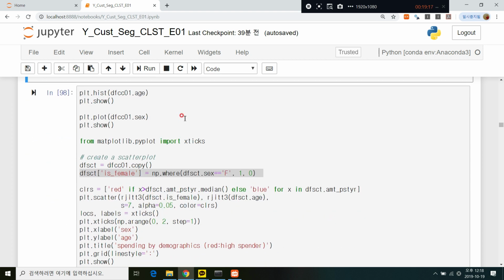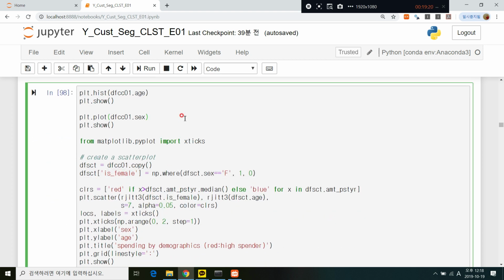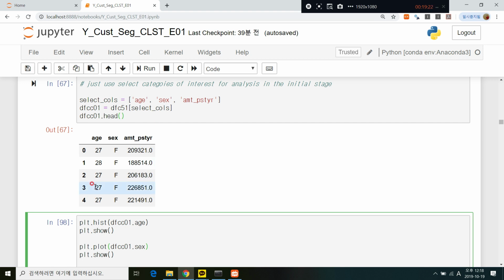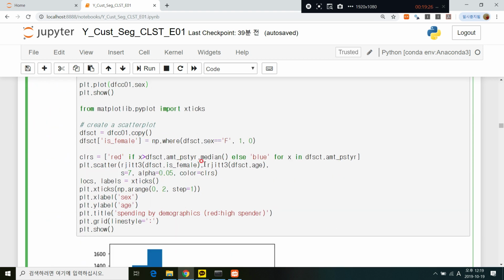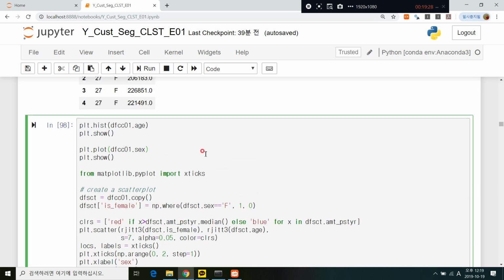And then let's check a little bit about the demographics-related characteristics of this data set. For this purpose, we check the histograms first.